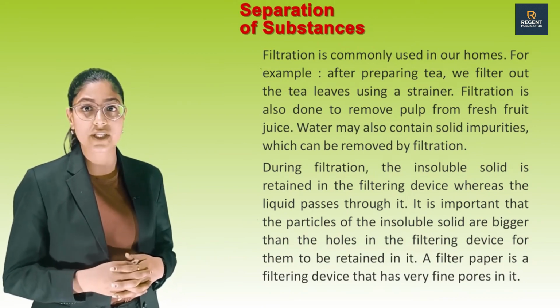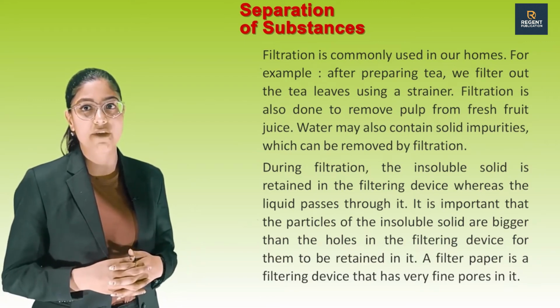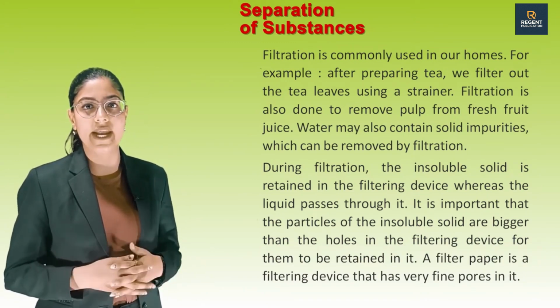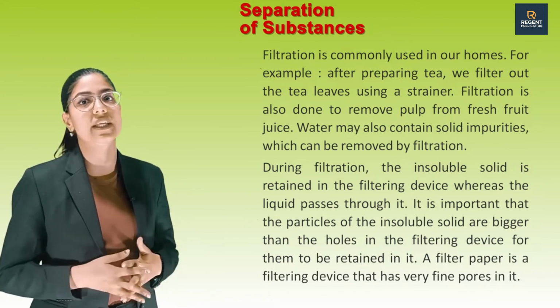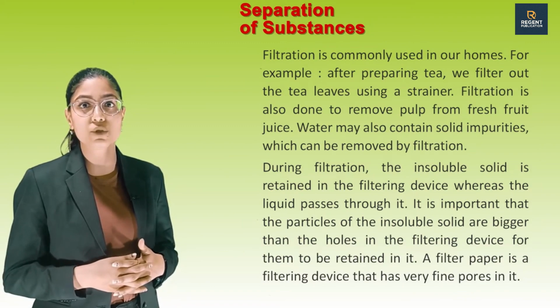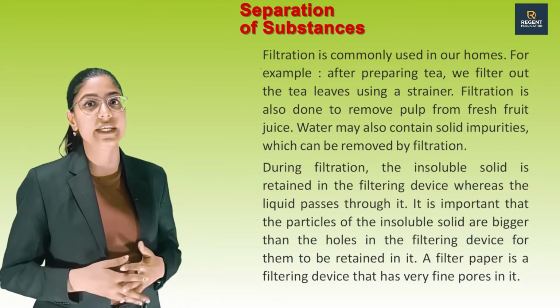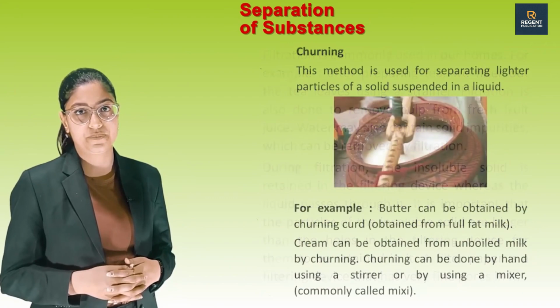During filtration, the insoluble solid is retained in the filtering device, whereas the liquid passes through it. It is important that the particles of the insoluble solids are bigger than the holes in the filtering device for them to be retained in it. A filter paper is a filtering device that has very fine pores in it.